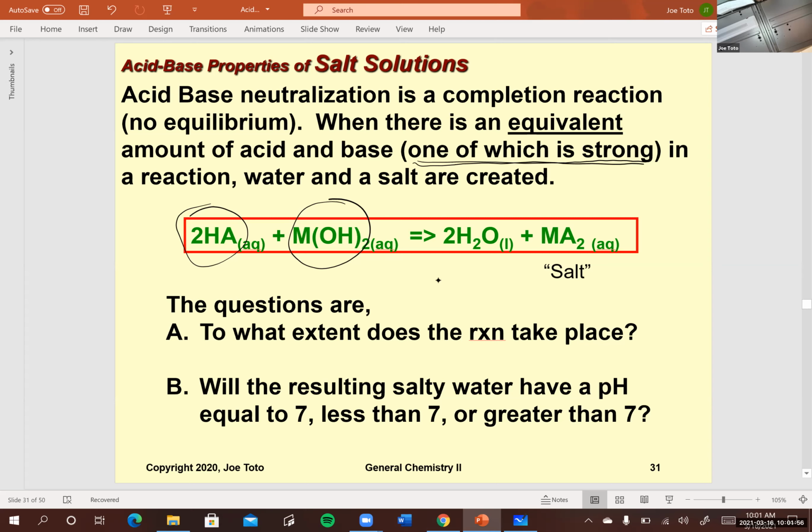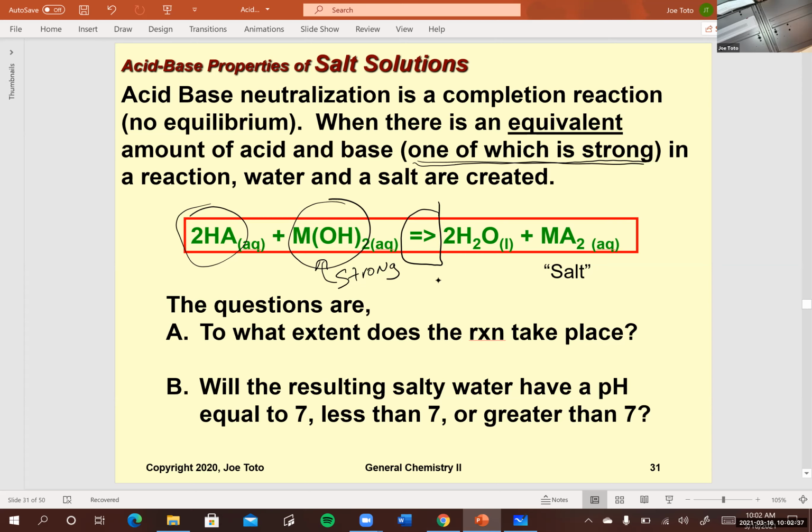I mean, it could be both. But at least one has to be strong. And in this case, this one is definitely strong because it's a metal hydroxide, and it dissociates in water. And I see that I make water and a salt because it's a neutralization, Chem 200. You assumed correctly that this was a completion reaction.